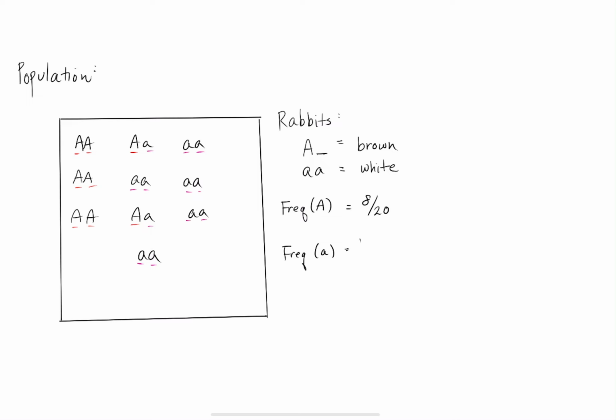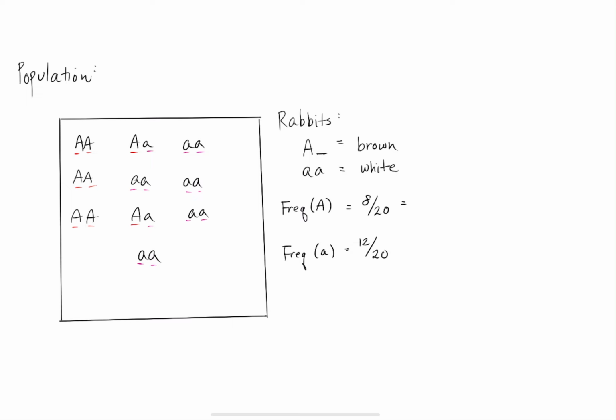And what you'll notice here, and this should be pretty obvious, is that these two values, 8 over 20 and 12 over 20, need to add up to 1 because we are looking at the frequency distribution of these two alternate alleles. Now, we are also assuming that there are 2 alleles. If there are 3 or 4 alleles, then everything would change a little bit, but let's keep it simple and say there are only 2 allele variants and it's completely dominant.